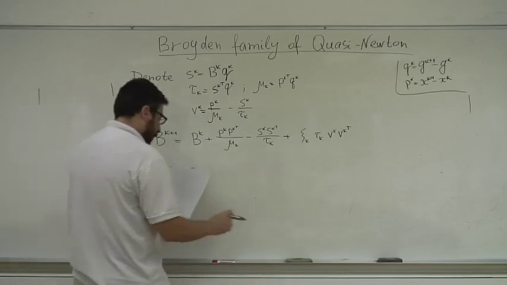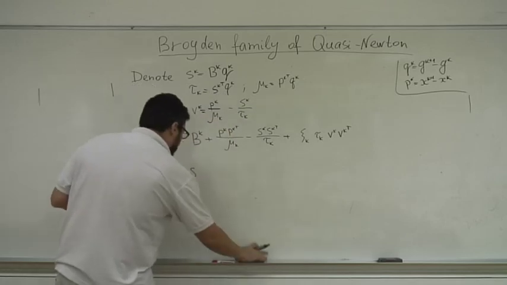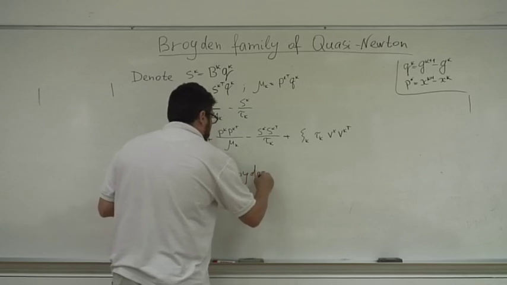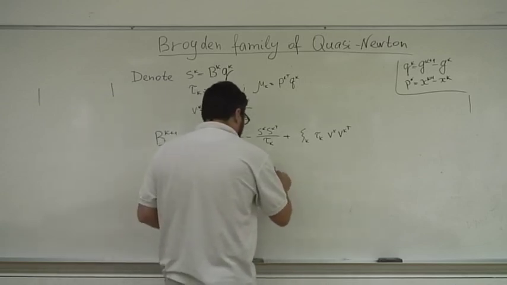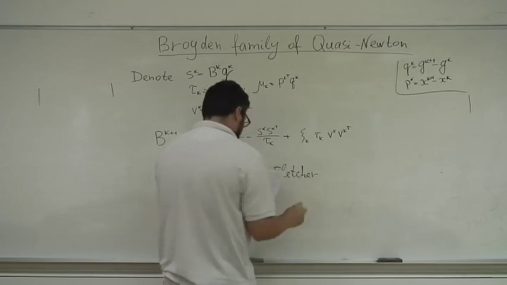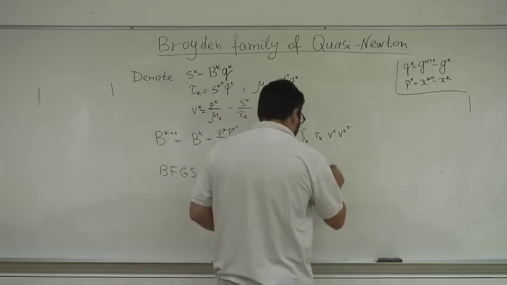It's Broyden, Fletcher, Goldfarb and Shanno.